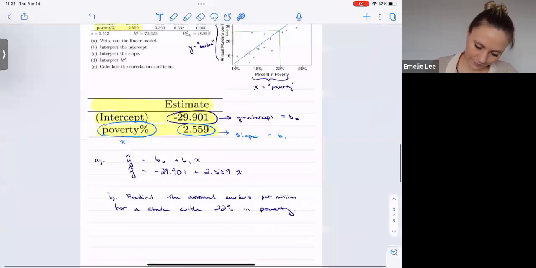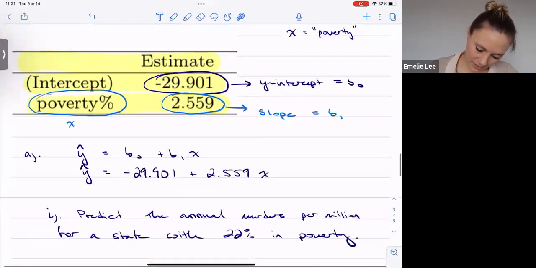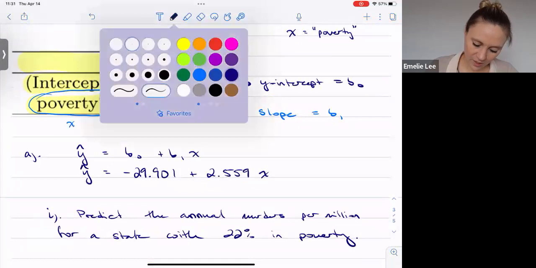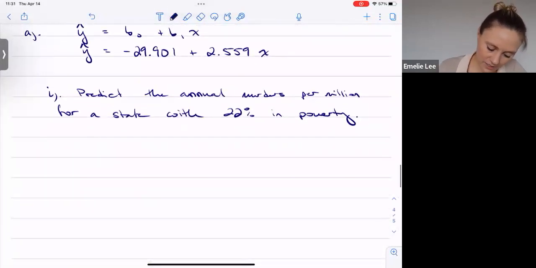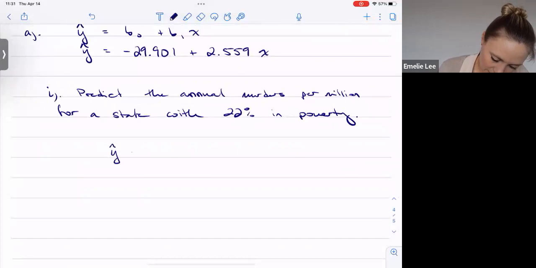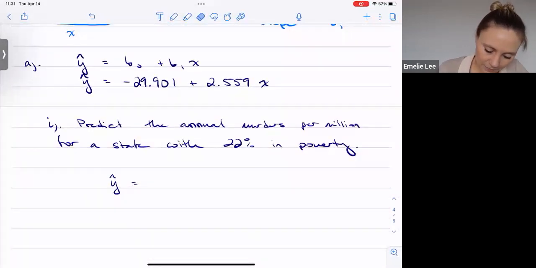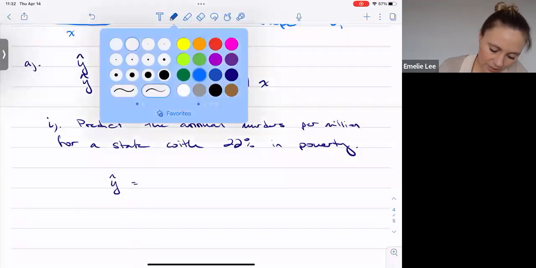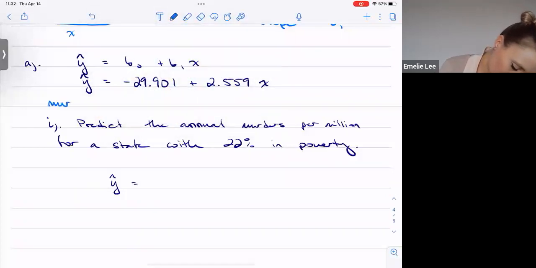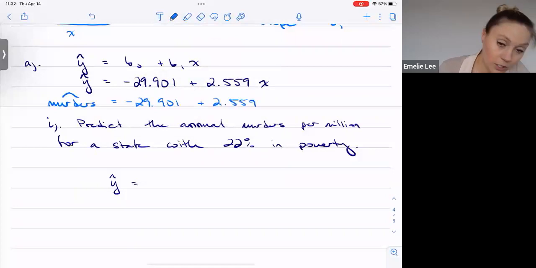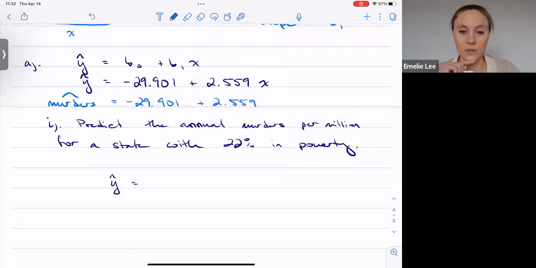Oops. My page is doing that weird thing where it doesn't want to bounce back. All right. So then y hat, and maybe what I should do is you could write murders hat is negative 29.901 plus 2.559. You do not want to round any of these values, right? They've already rounded, giving you those 3 decimal places.